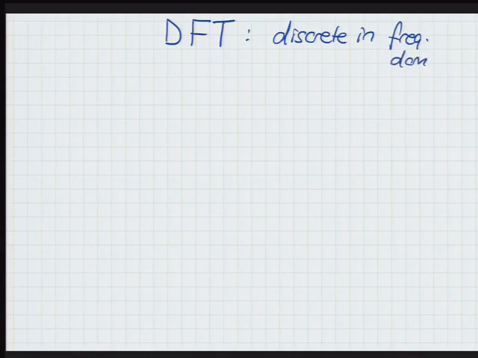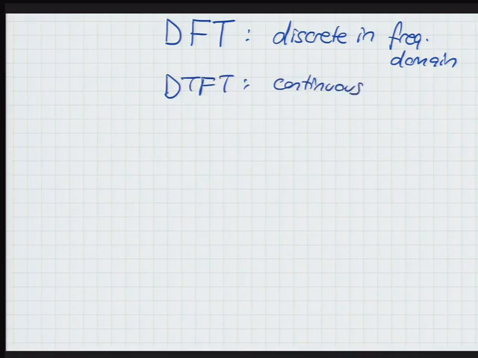When we talk about DFT, it is itself discrete. So that's perhaps the most high-level bit that you should remember. DFT is discrete in the frequency domain, and DTFT is continuous, even though we apply both of them to discrete time signals.